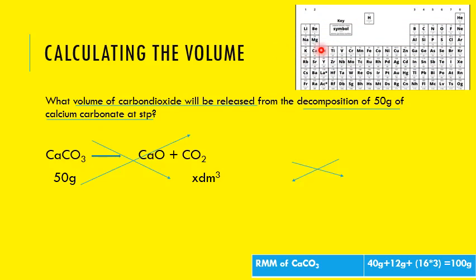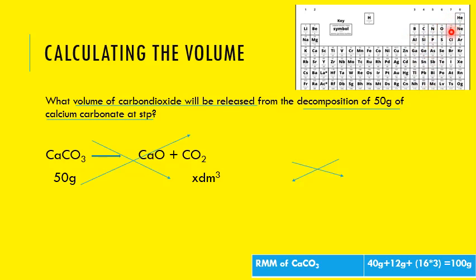So what's the mass of calcium? Calcium is group 2, the top number, that would be 40. And then we're going to add that with the mass of carbon, which is 12. And we're going to add that with the mass of oxygen.